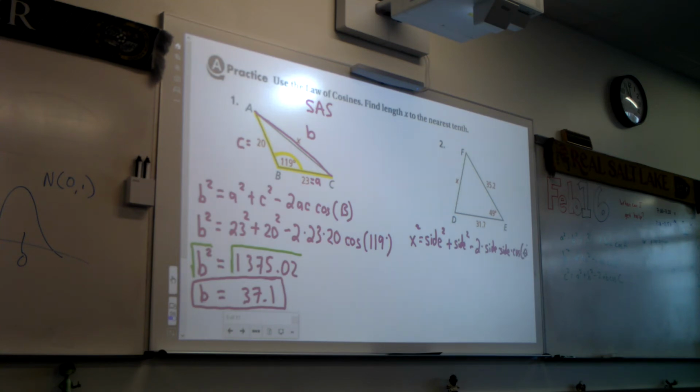I'll put theta, because we don't know what it is. This is kind of a more general formula. It doesn't use A, B, and C, but that way you don't have to rename everything. And I think this will help you get through this a little bit faster.